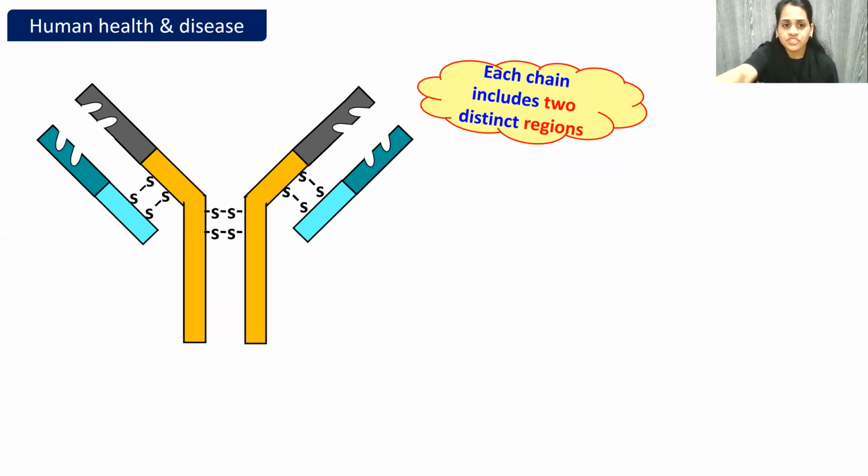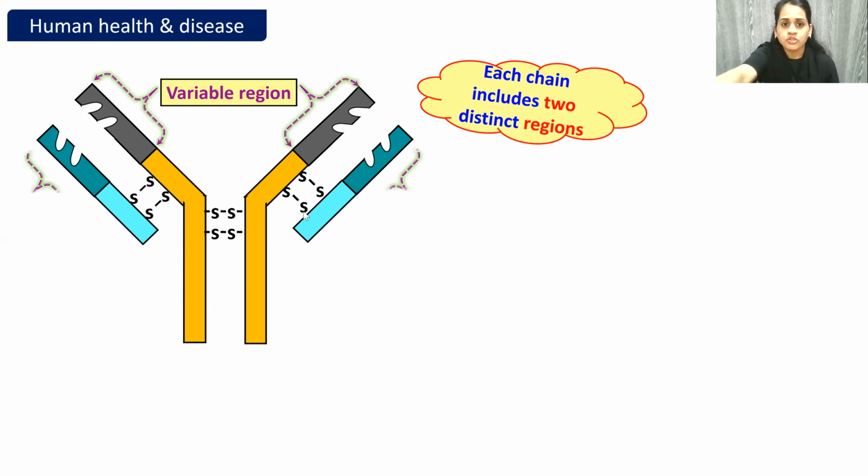Now, each chain will include 2 distinct regions. It will include what? 2 distinct regions. So the first one is called the outer region, which is also called the variable region. What is it called? Variable region. So each chain includes 2 regions. This one is the outer one, which is called variable. The word variable itself says that it is going to vary.